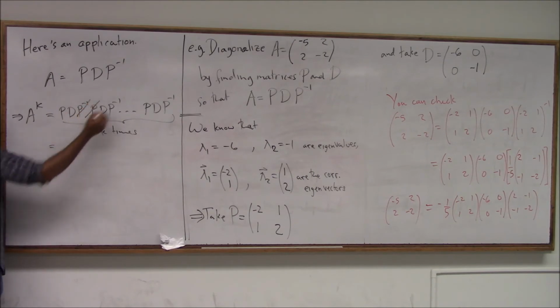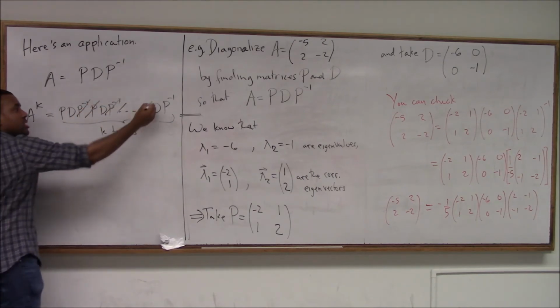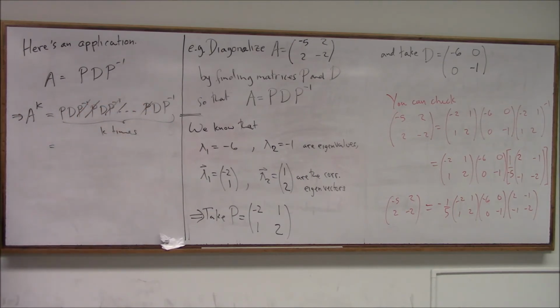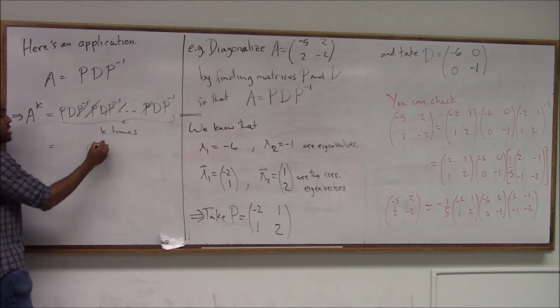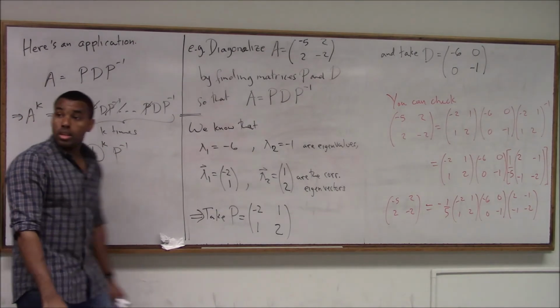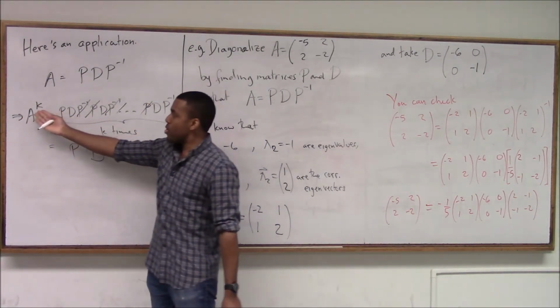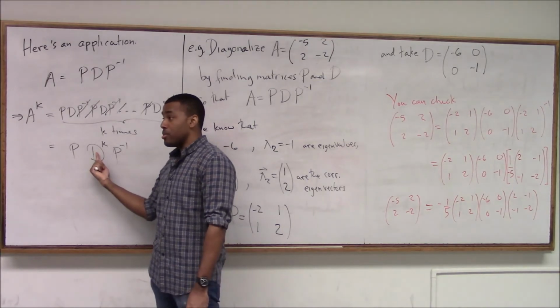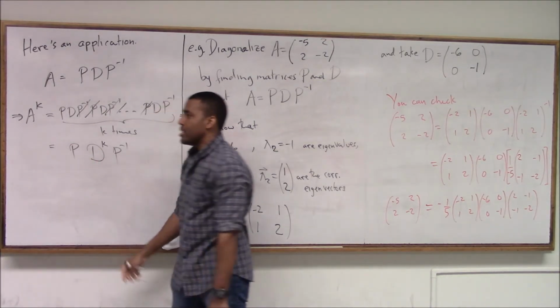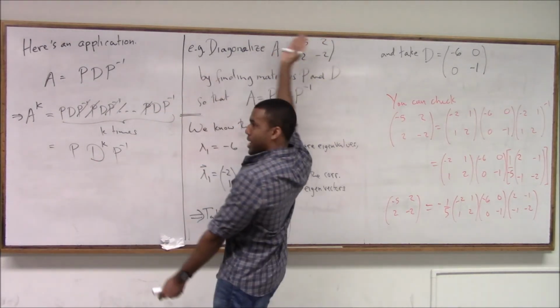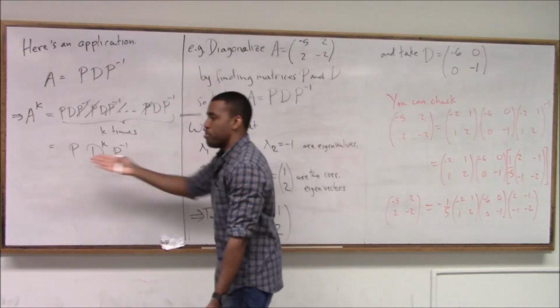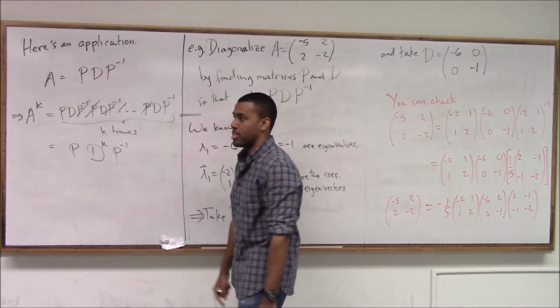All the P's on the interior will cancel out. I'll be left with k D's in the middle, and then the P's on the end. So I can literally raise it to any power by just raising the entries on the diagonal matrix to a power and multiplying both sides. So instead of multiplying a matrix by itself 1,000 times, I can literally take the product of 3 matrices.